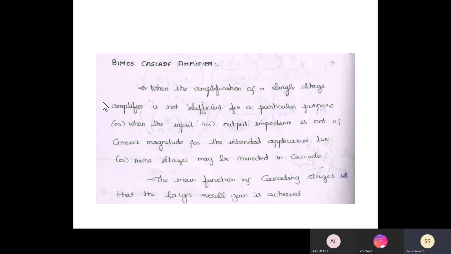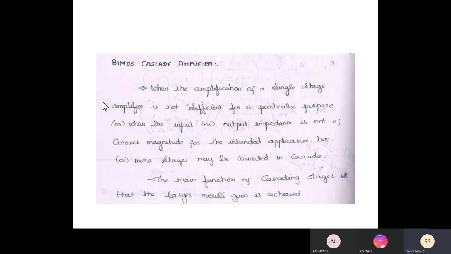Okay. Here we are going to discuss only 2 types of amplifier. One is the bipolar junction transistor, BJT, amplifier. Another is the FET amplifier. The BJT amplifier has 3 configurations: common base, common emitter, and common collector. Common emitter is phase shifted, with high voltage gain and current gain.